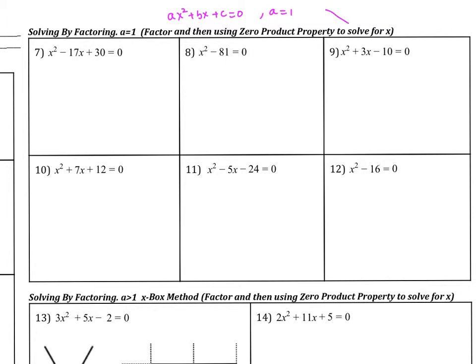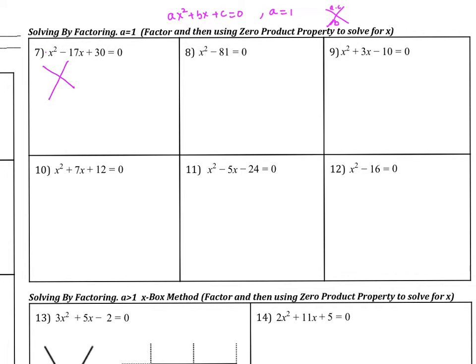The cross and box method is that you put A times C on the top, which is the product, and the sum, that is B, on the bottom. These are the two numbers that you're going to find whose product should be AC and whose sum should be B. For number 7, I'm going to make a cross.